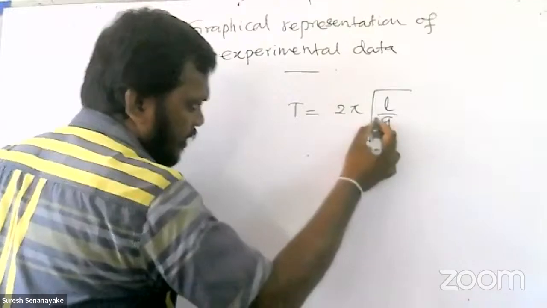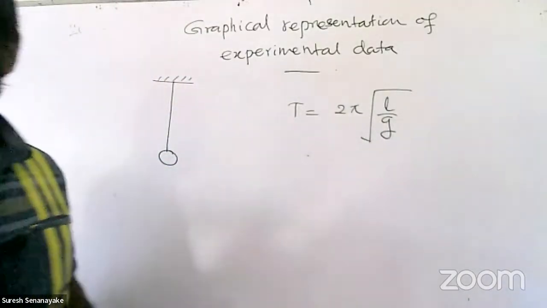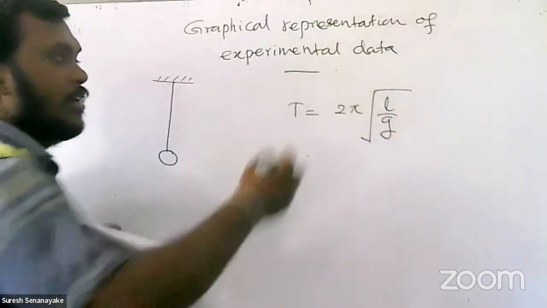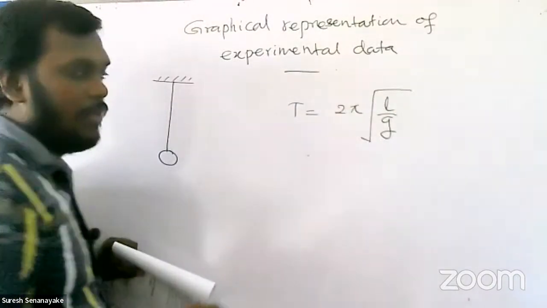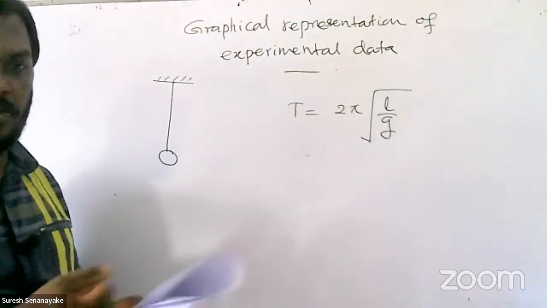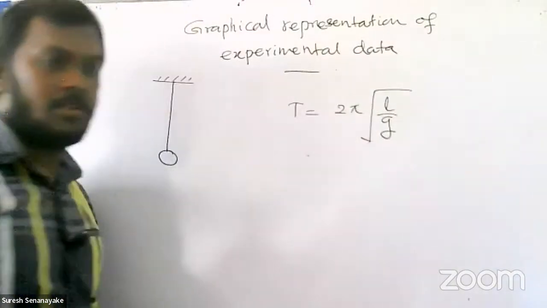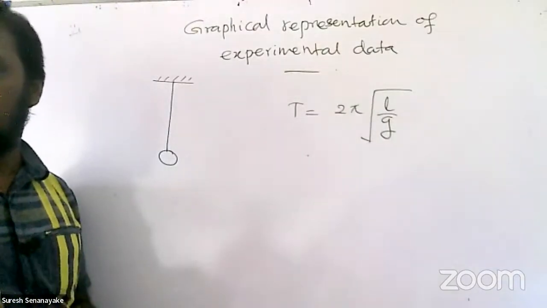If you want to find g, then plot the graph. You cannot plot the graph with g because you don't know the value of g, right? So we can change the length of the pendulum and we can measure the time period of that. By using the stopwatch, you can measure the time, and using the meter ruler, you can measure the length.